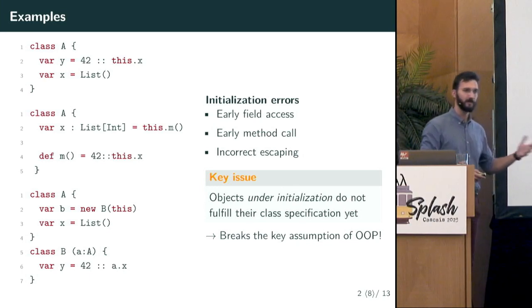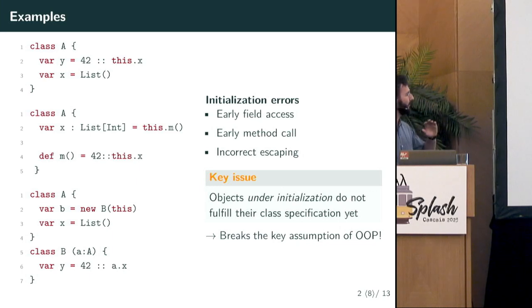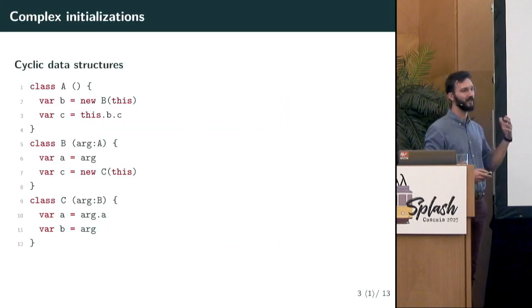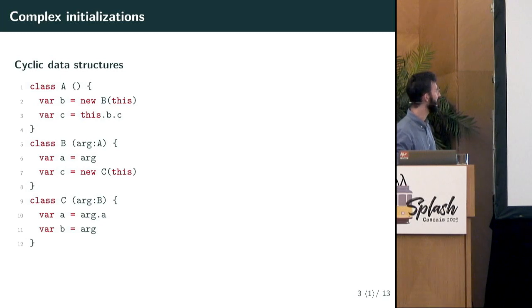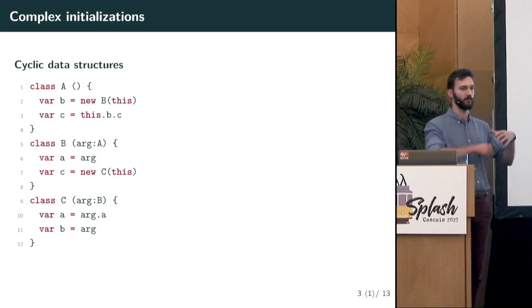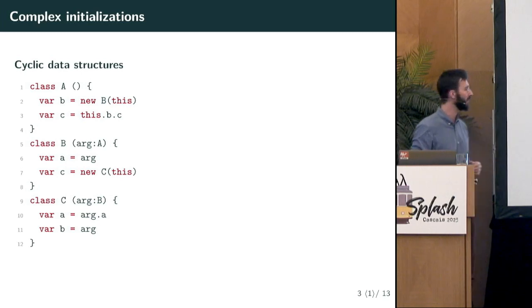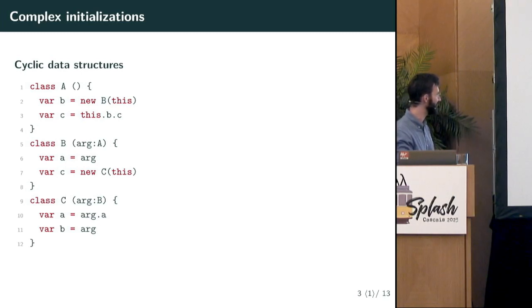Okay, so you may be tempted to say, okay, let's forbid all of this crazy code inside the constructor. But the thing is, there are examples where you actually want complex initializations, where you're happy to be able to have escaping of the this pointer before the end of the initialization, so you can have cyclic structures. And here you can verify that there is no early access in this code.